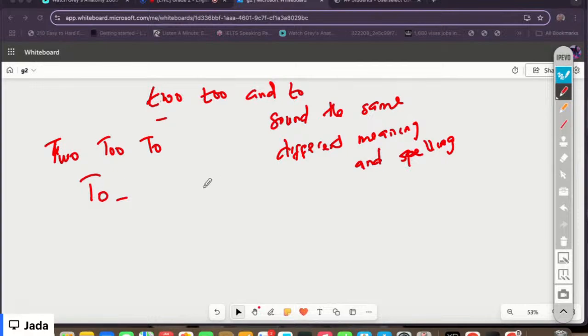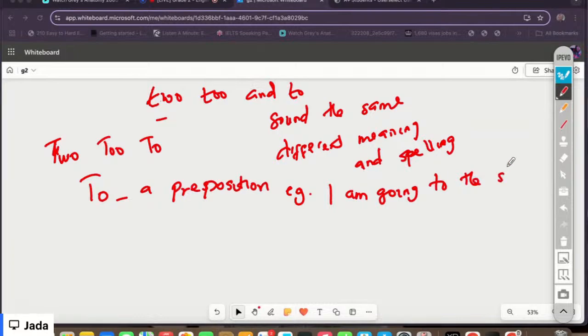When we have this to, it is a preposition. This to is a preposition, okay? It's like saying, for example, I am going to the store. So this is a preposition.